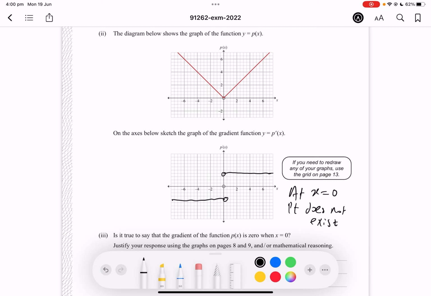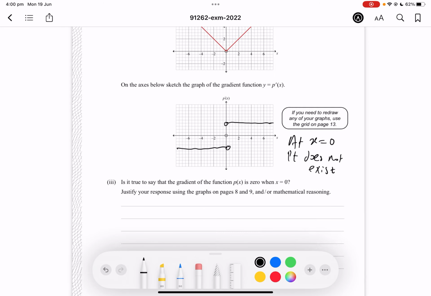But if you notice that x equals 0, it's a complete sharp point, so it goes from the gradient being -1 to the gradient being +1 all of a sudden. So therefore, there's no such instantaneous rate of change of the gradient or the function. There's no instantaneous change of the function. So therefore, the gradient is not defined at that point, and we cannot differentiate at the point x equals 0.